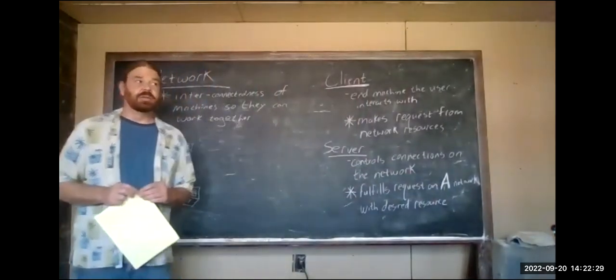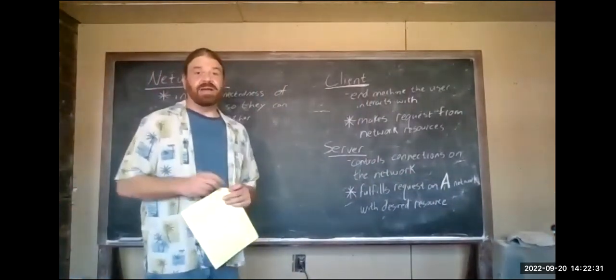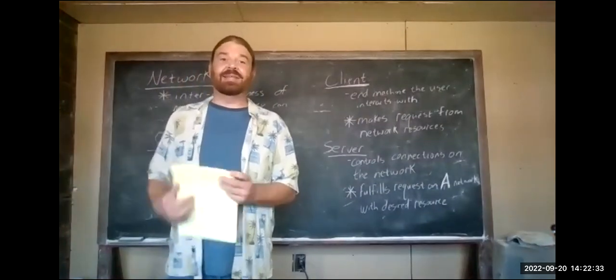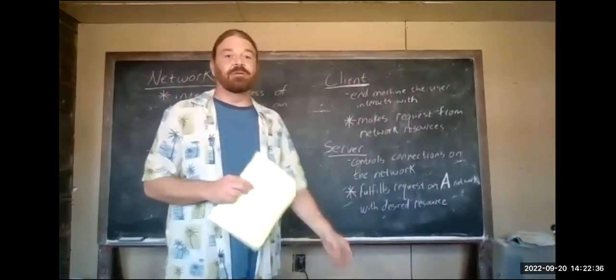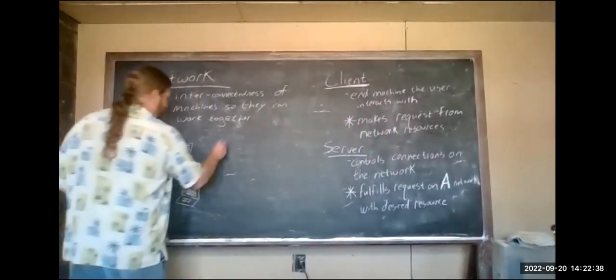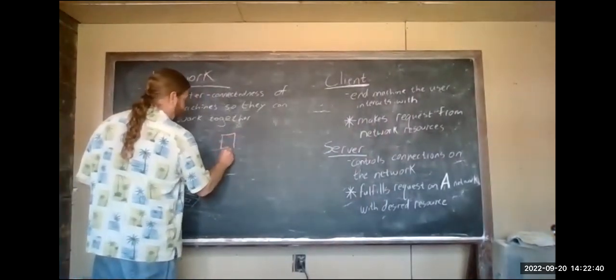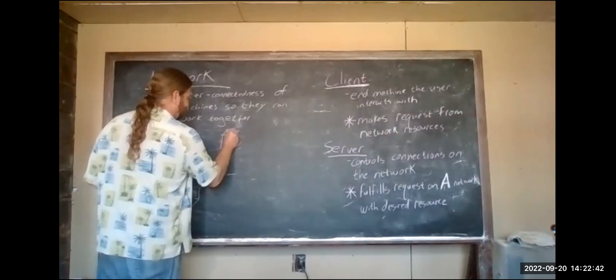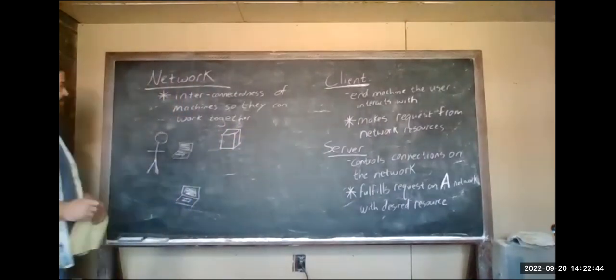So if a server needs to get something from a different network, it's going to have to communicate with the server on that other network. In our picture, it's going to be over here. Our standard image for that looks like a big rectangle.